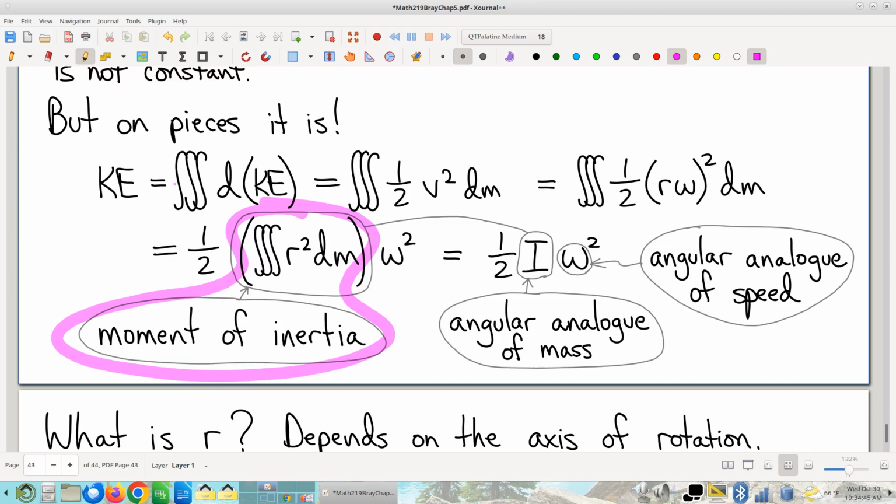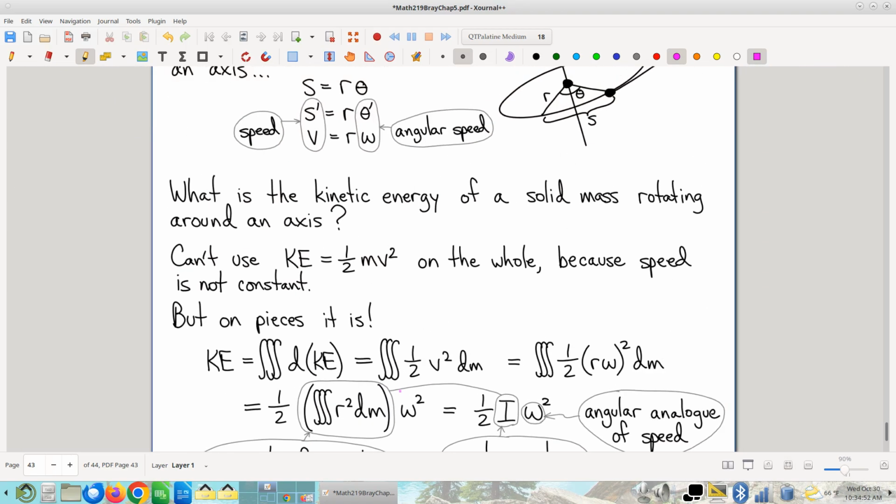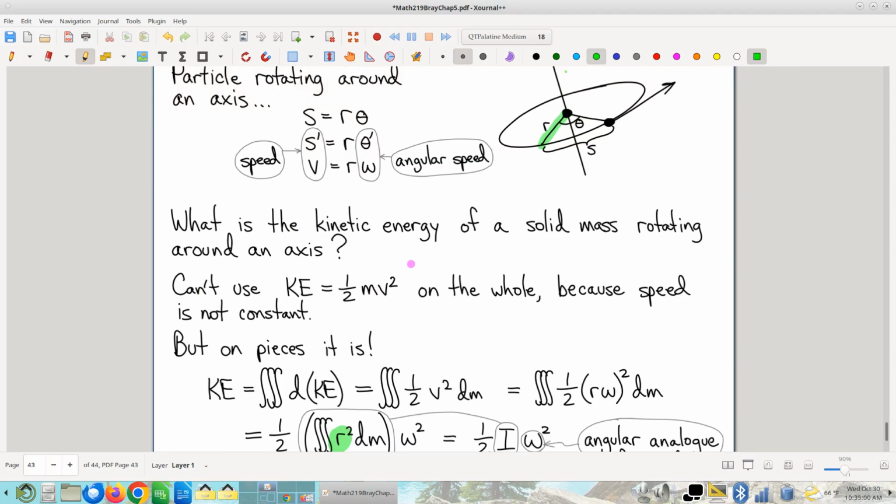Okay. Now, there is a subtlety here that we do need to discuss, and that is that this r, you'll notice in my picture here, is the distance to whatever the axis of rotation is. So very importantly, this is not necessarily the cylindrical coordinate r. There's only so many letters in the alphabet. Some of them get used more than once for different things, right?